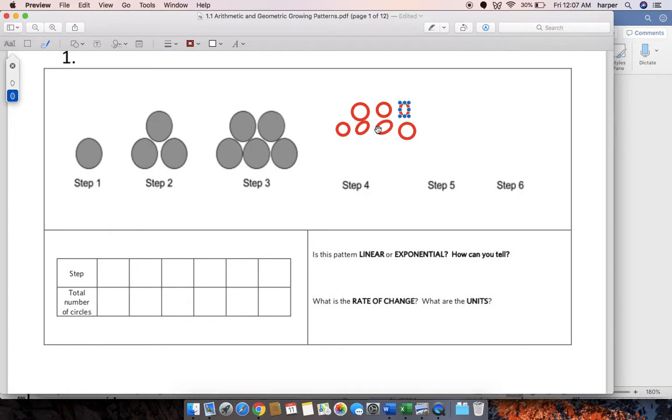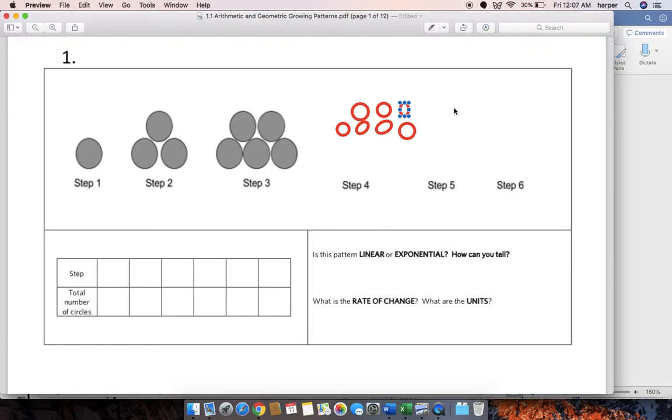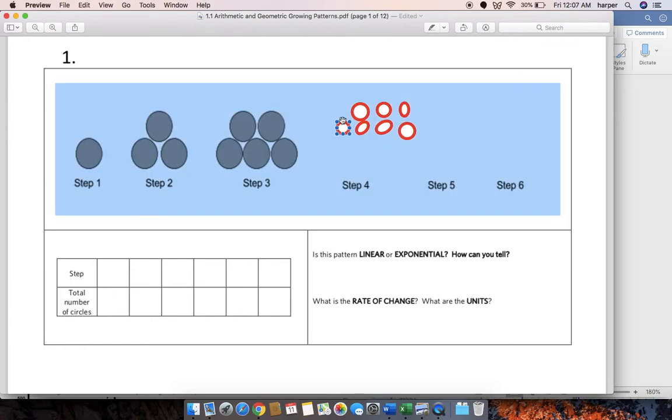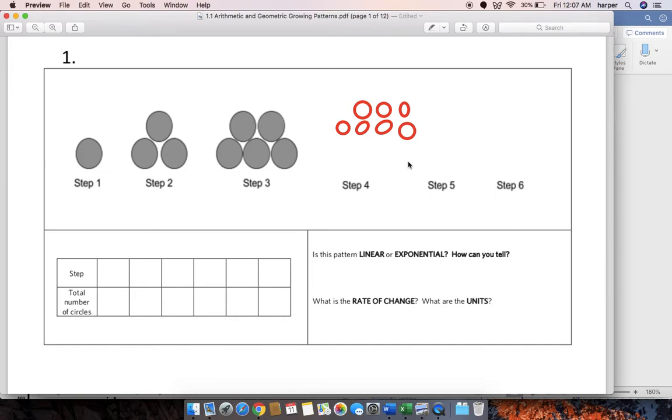So all I have to do is draw step 3 and then just add a bottom and a top. And that gave me step 4. What would step 5 be if I took that into consideration?